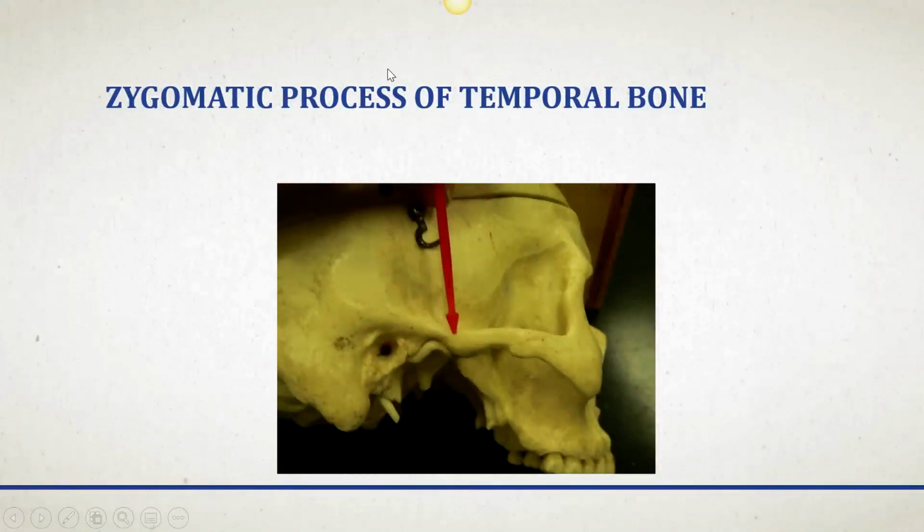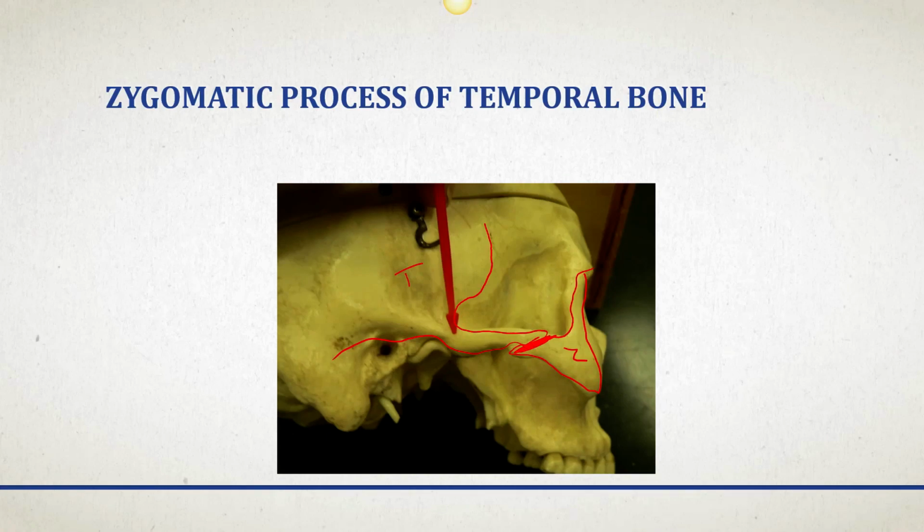The zygomatic process of the temporal bone. This is where it gets a little confusing. This region here is known as the temporal bone, while this region in front here is known as the zygomatic bone. There's a place where they come together, right here in the middle, and you can actually see this line. It's like a squiggly line that connects them together.